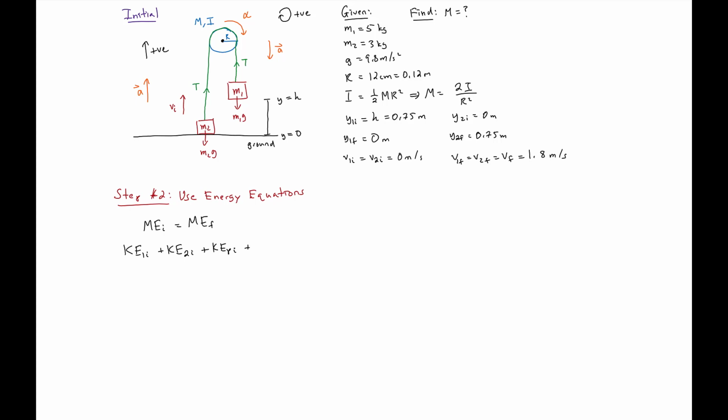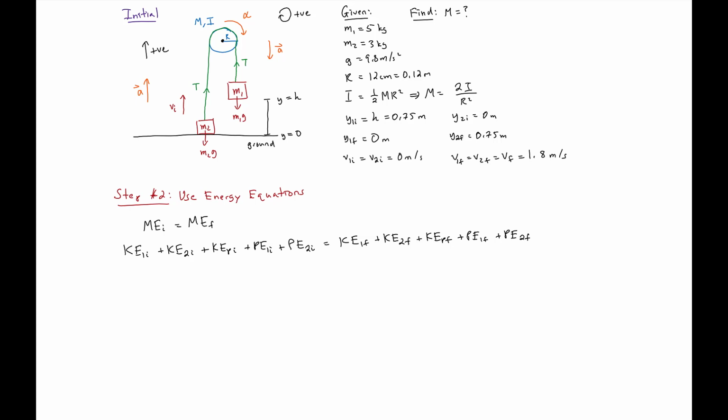Plus, you have gravitational potential energy coming from the first mass and gravitational potential energy coming from the second mass. We do the same for the other side, KE1F plus KE2F plus KEPF plus PE1F plus PE2F. So it's getting pretty long.